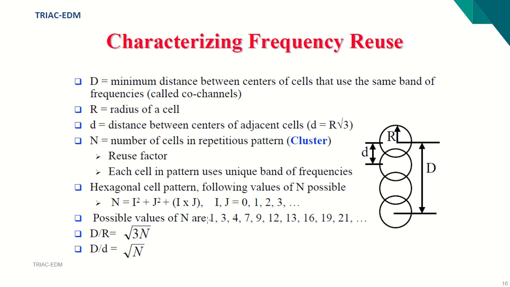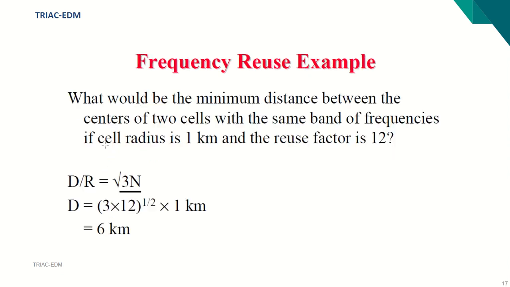Then the possible values of n will be 1, 3, 4, 7, and so on. And d divided by R will be the square root of 3n. D divided by small d will be the square root of n. That comes from this structure. And that's the reuse factor.